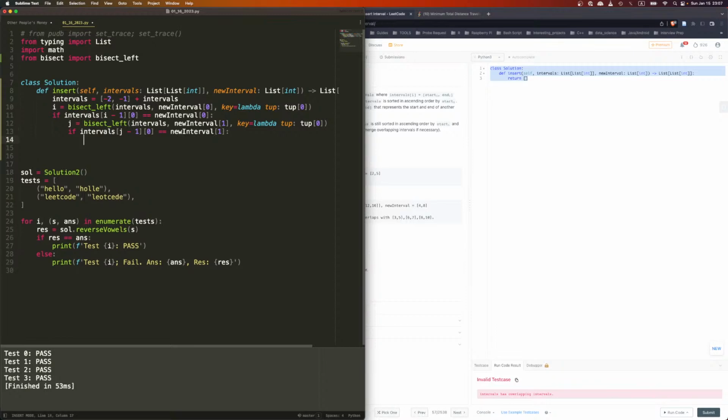So now we have a situation, right? We have the start is overlapping on I minus 1, and the end we're overlapping on J minus 1. Then what do we do? What we can do is return intervals from 1 to I, right?